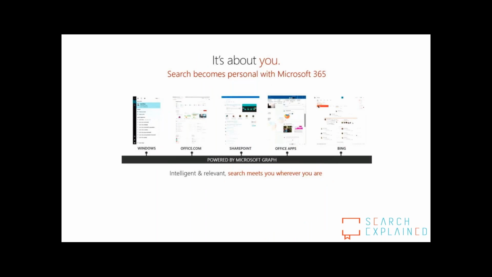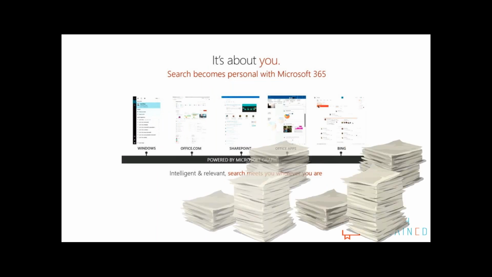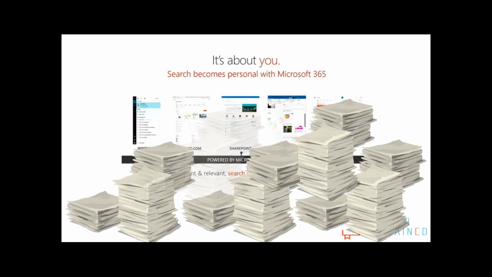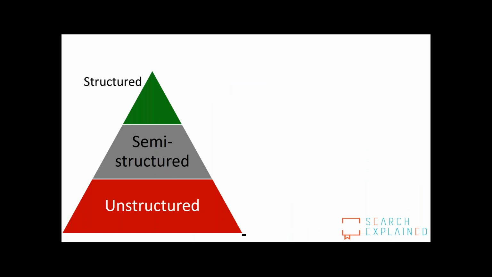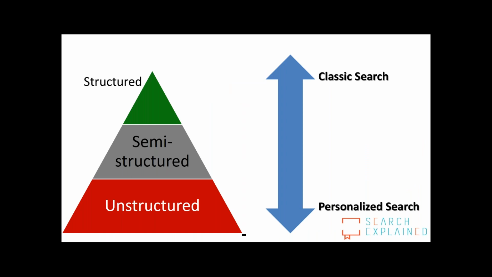So if we go back to this picture from Microsoft, when they say search becomes personalized and it's all about you, the big problem is that we have so much content and so many options that it's very hard to provide good guidance for the users. So if I get back to my pyramid of the content, the structured, semi-structured, and unstructured content, usually I recommend that for unstructured content, like OneDrive or collaboration content, the personalized modern search is better. Why?